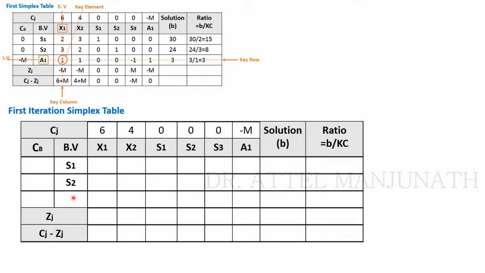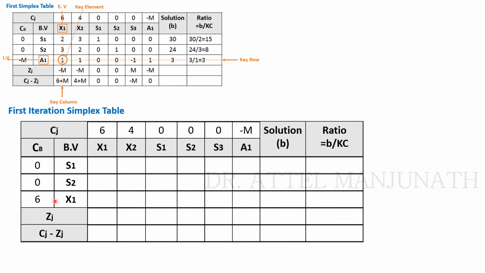So you get x1 in place of a1 there, so this becomes x1. Now write down the coefficients for s1, s2, 0 0, and for x1 it is 6 here, so write down the coefficient value 6.